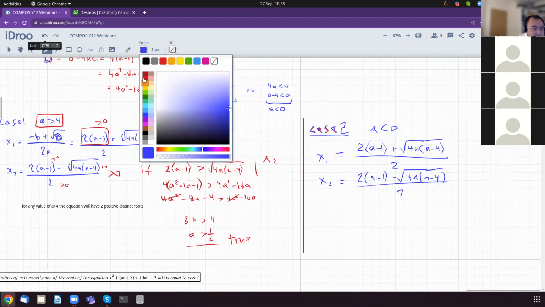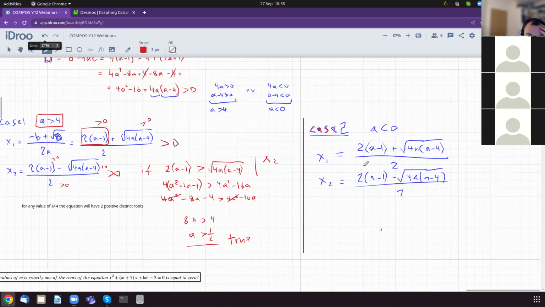And now let's analyze what we have. Well, this is a negative number because it's minus a square root. And this, because a is less than 0, 2a minus 1 is a negative number. So negative and negative, this will always be negative.